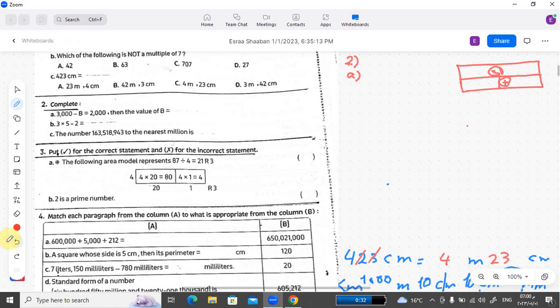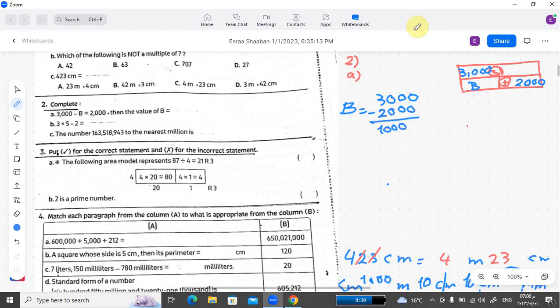Where is the minus here, up or down? Up. So put 3000 up because it's the first number, and the B down, and the 2000 in the other place. When I need B, hide it. The rest will be 3000 minus 2000. The answer will be 1000.